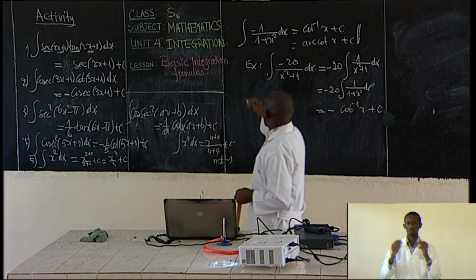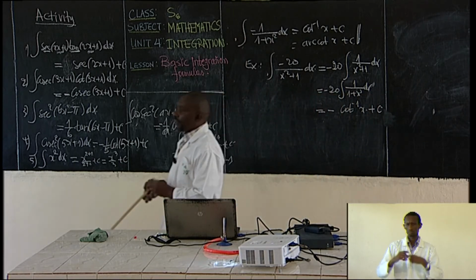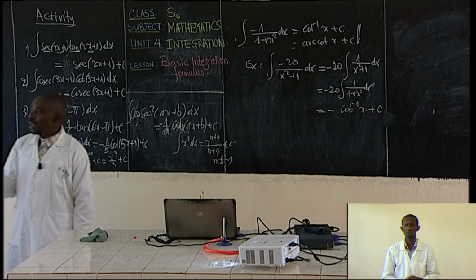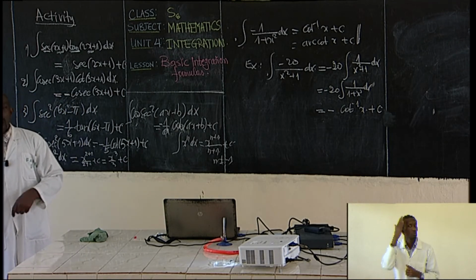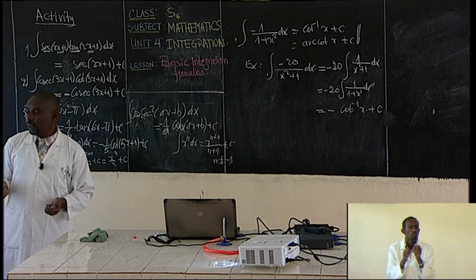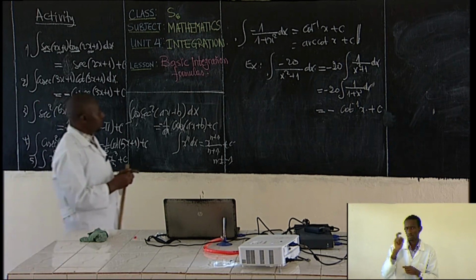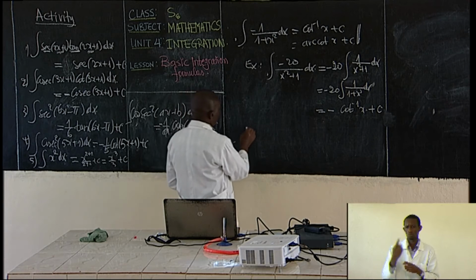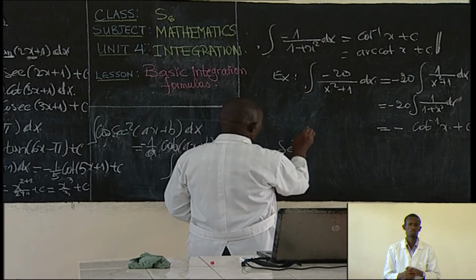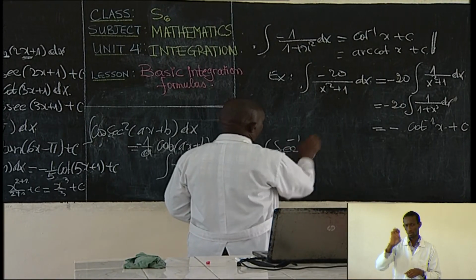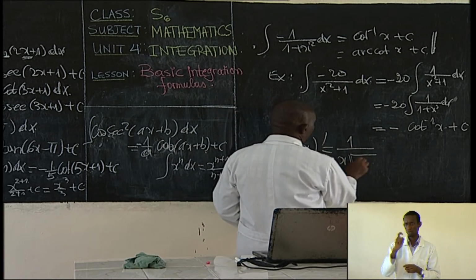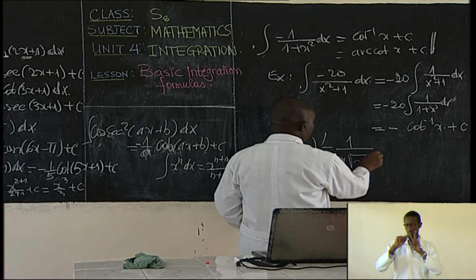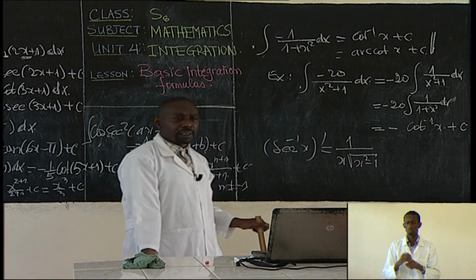Okay, thank you. Now, we continue with the other formula. You know that when you differentiate arc secant of x, the derivative of sec inverse of x is equal to 1 divided by x square root of x squared minus 1. This is known from senior 5, isn't it?